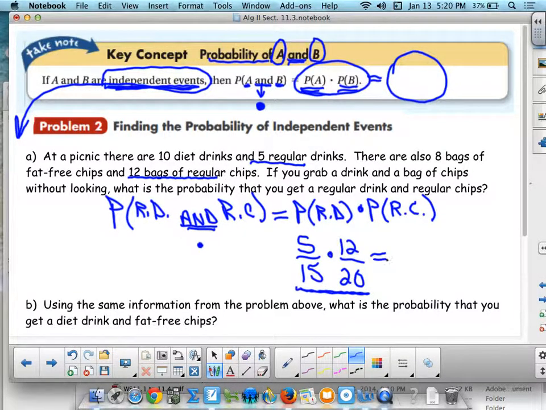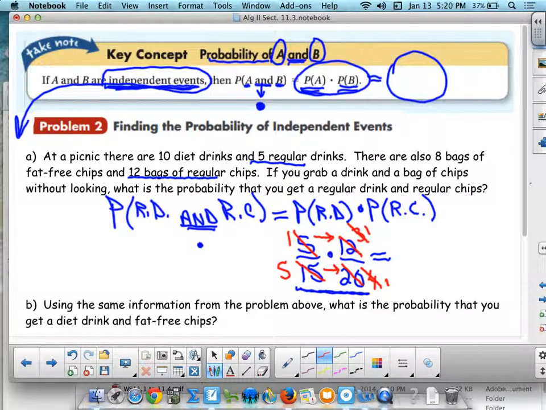Now, you can cancel if you want, or you can multiply straight across and then reduce later. I could just knock out the 5. 5 goes into 5 once, 5 goes into 20 4 times. Let's see here. 4 goes into 4 once, 4 goes into 12 3 times, and 3 goes into 3 once, and 3 goes into 15 5 times.